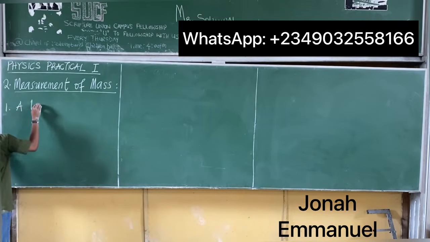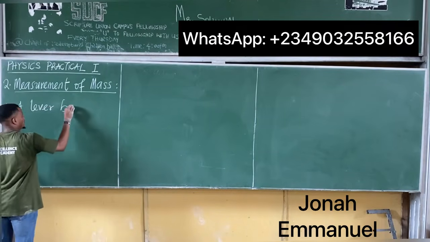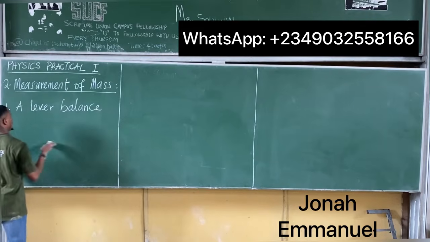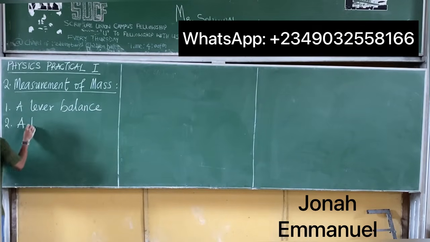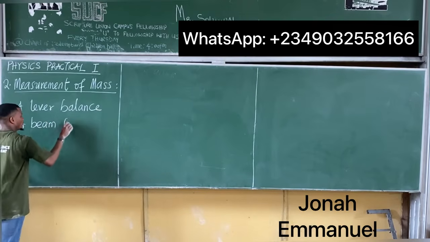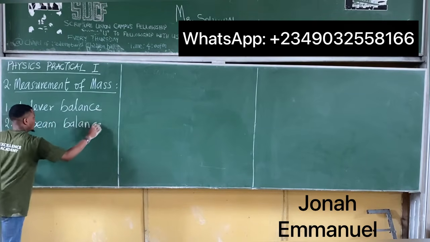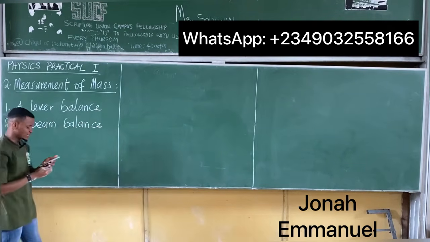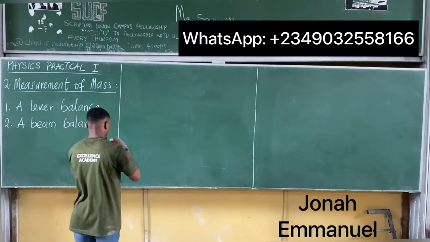So looking at the measurement of mass, you can say mass is measured using number 1, a lever balance. Number 2, a beam balance. So these are your instruments for measuring mass.